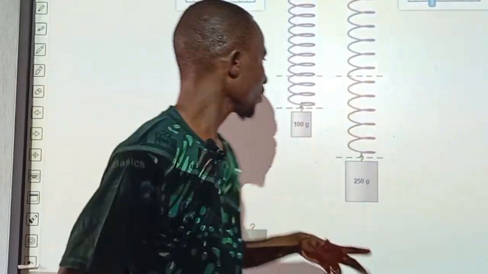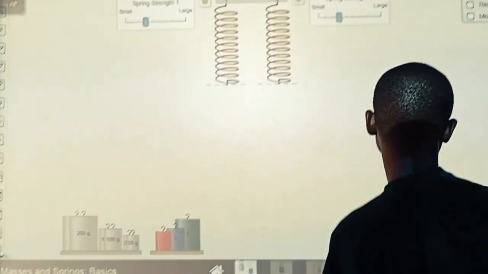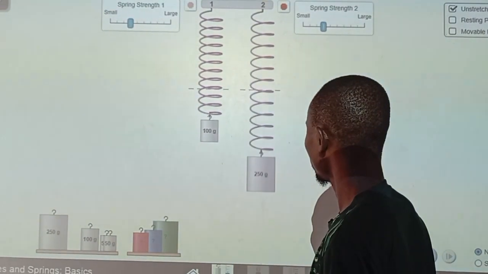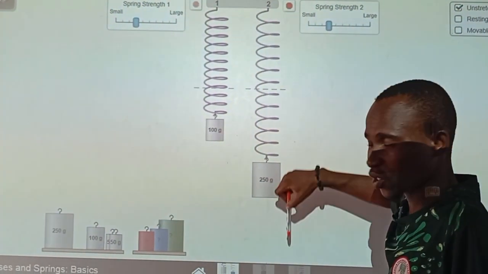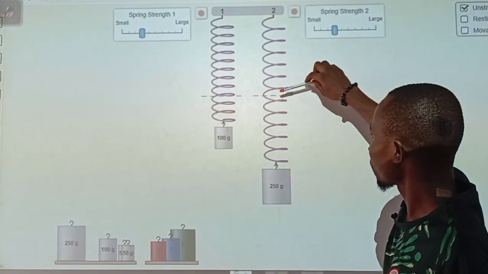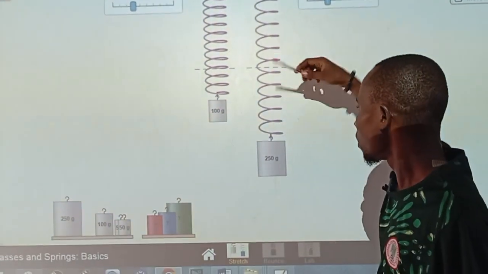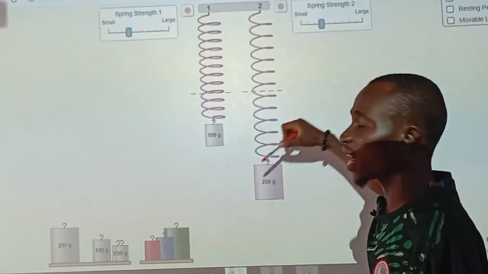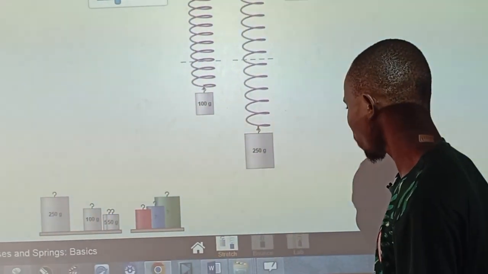Okay, so let's watch this. This is the position at first. So a bigger force will cause a bigger increase in the length than a smaller force. That is what Hooke's law is all about.